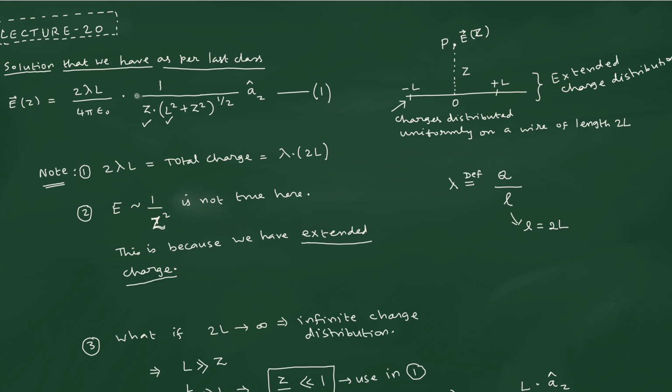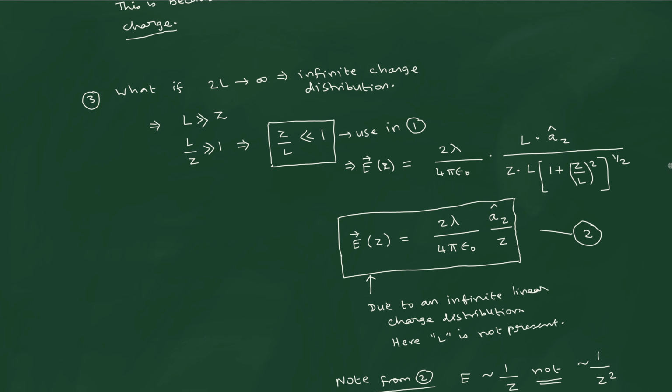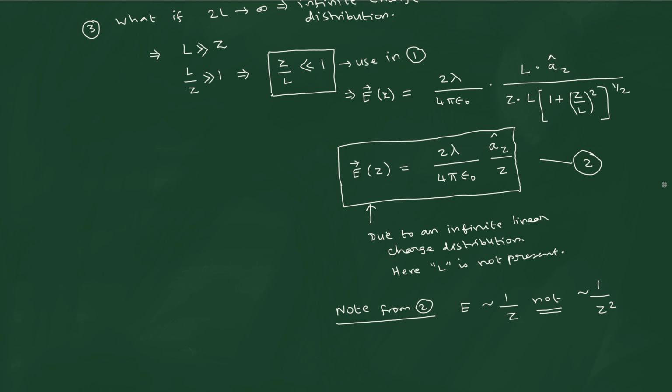So when you are coming to the special situation of infinite charge distribution, there is something special. The first thing is that the electric field is independent of the length of the wire or the length of the charge distribution. This is the first point. And the second point is that the electric field is inversely proportional to distance, not square of the distance.